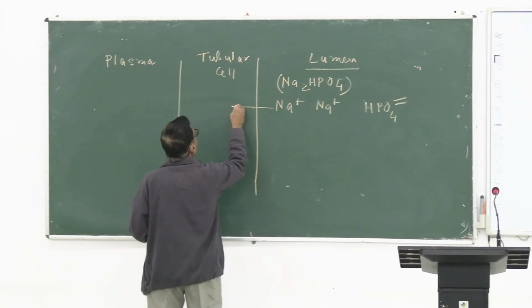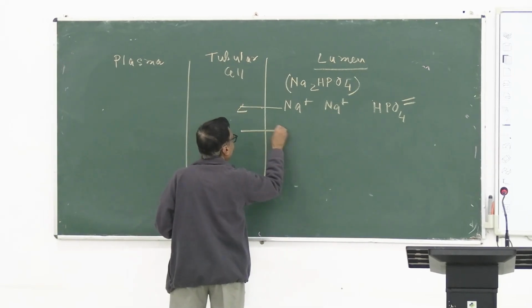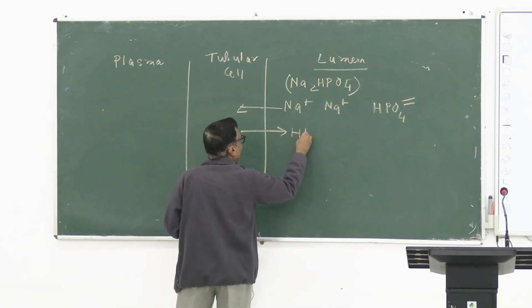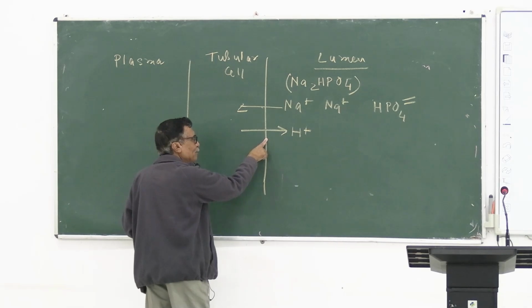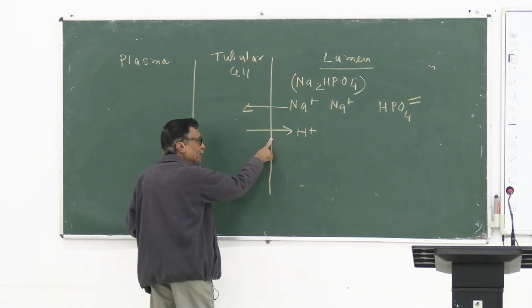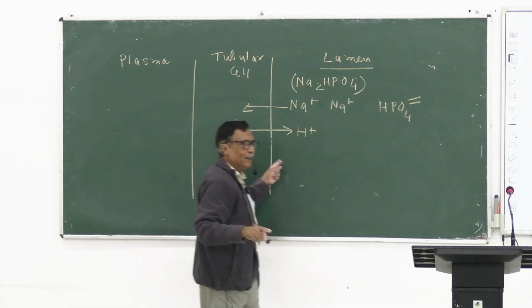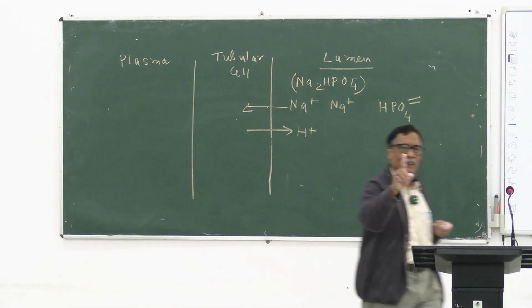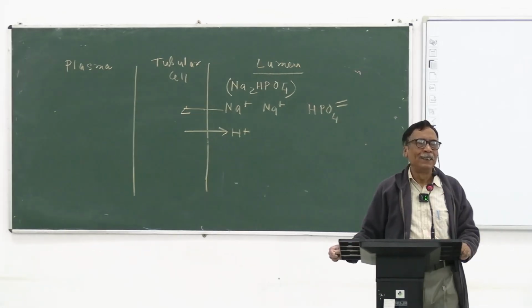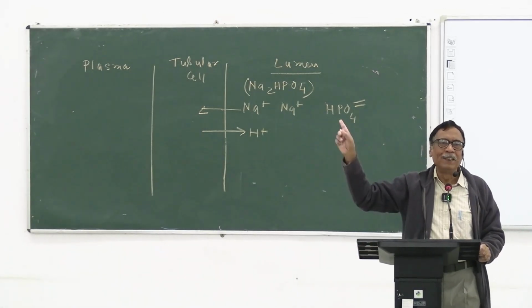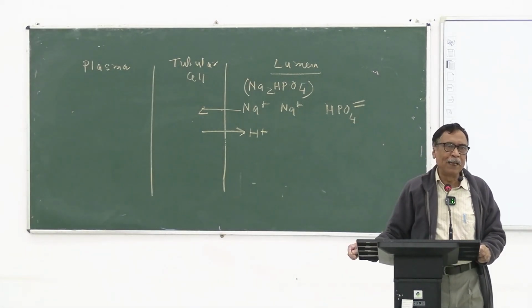Again, sodium ion will come in exchange of hydrogen ion. This is hydrogen ion secretion, fixed acid is secreted this way. It occurs mainly in the distal tubule. The first part I wrote before, the bicarbonate buffer, occurs in the proximal tubules.